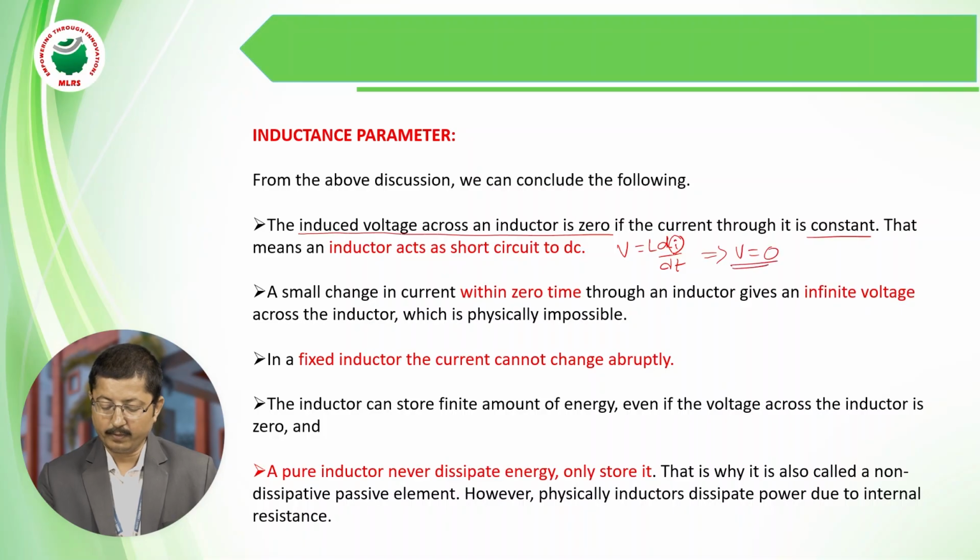Constant current means DC current. If you pass DC through the inductor, the voltage across it is 0. So the inductor acts as a short circuit for DC. That is the first conclusion.